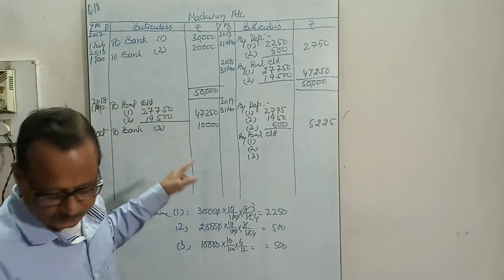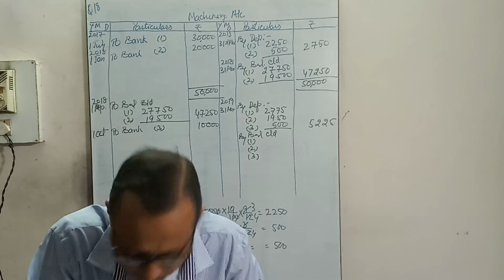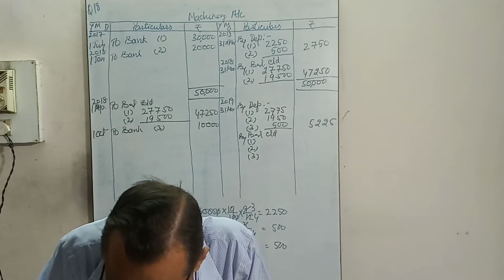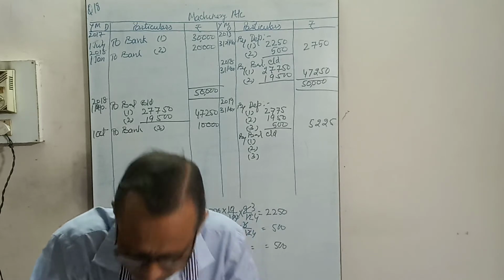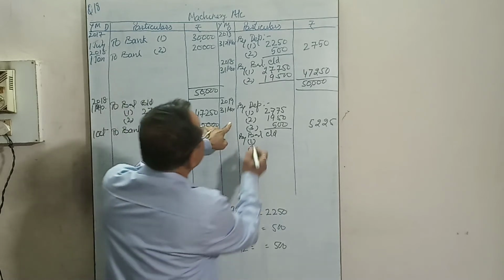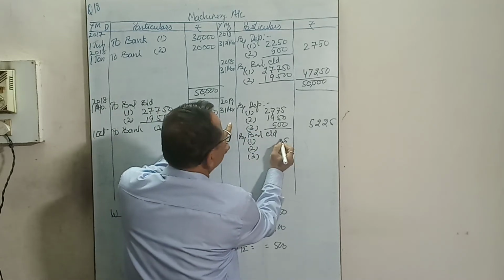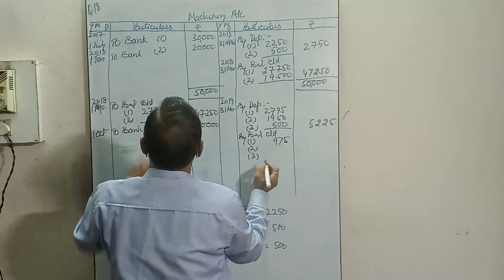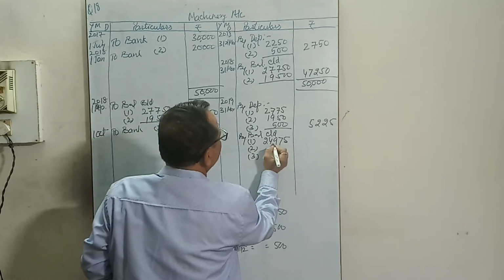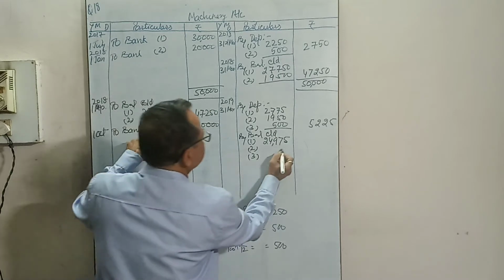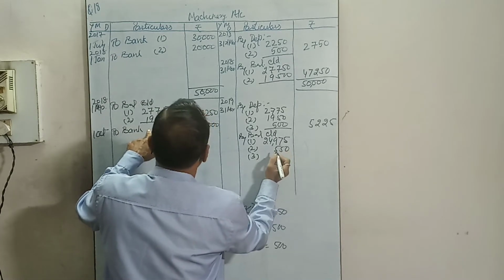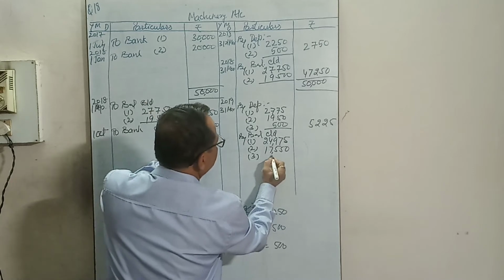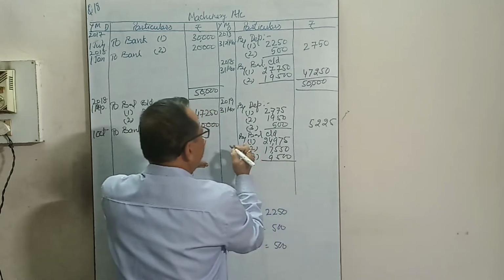From 27,750, deduct this amount, 24,975, then 17,550 and 9,500.